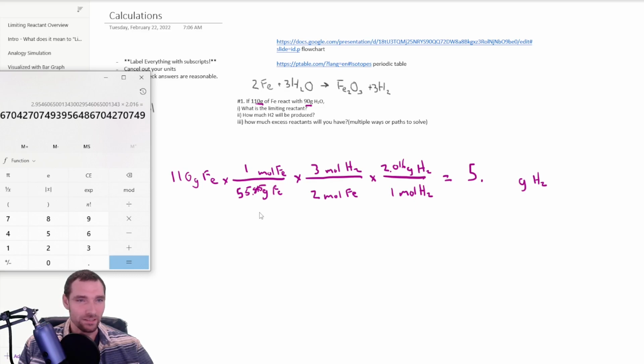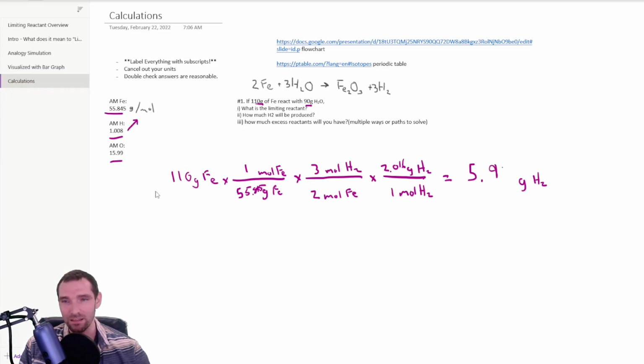We're not giving the final answer, but they do want to know how much of it is produced. So I am going to limit it. So 5.9 we're going to have to round up to 6.0 grams of H2 produced.